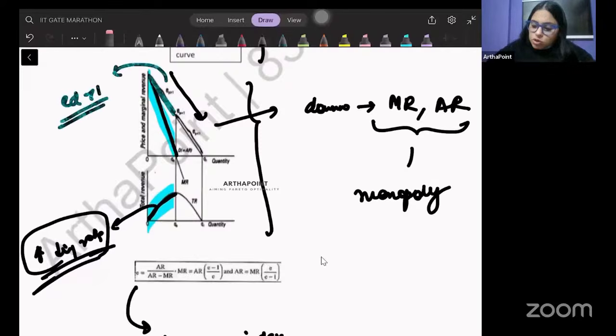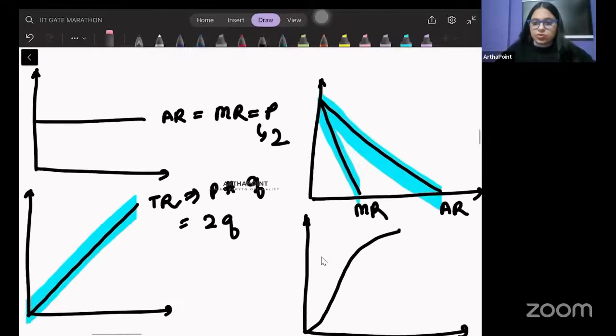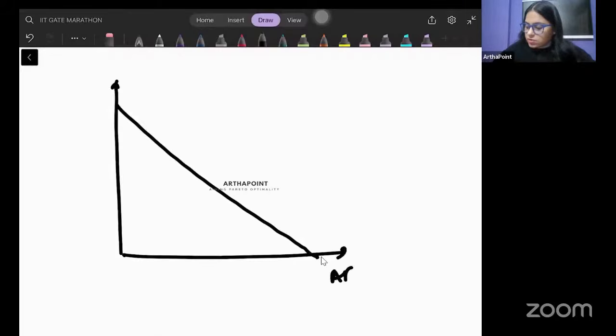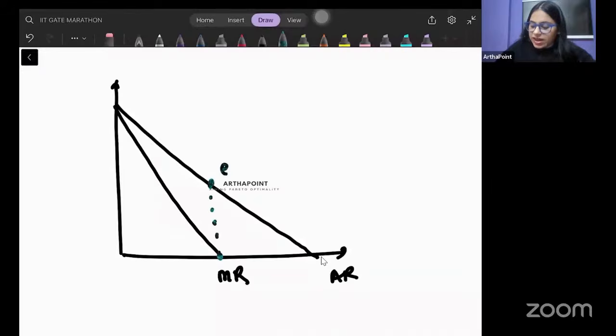Kyun? Because notice that, this is my AR curve, this is my MR curve. When my MR is 0, if I just take that point to the AR curve, I will see elasticity of demand is 1. In this entire region, elasticity of demand is greater than 1.